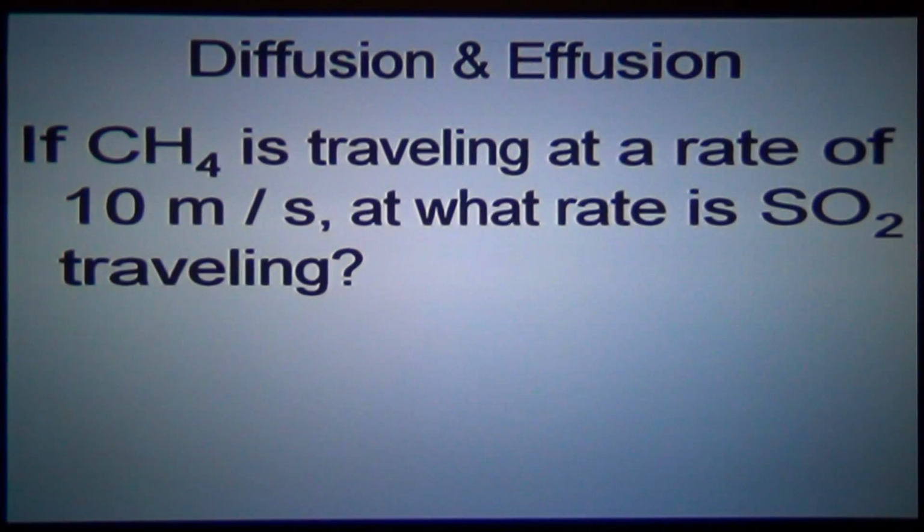So if methane is traveling at 10 meters per second, then the SO2 is traveling at half that rate, or 5 meters per second. So once you know the relative rates of the two gases to each other, you can then answer questions like you see in front of you. Let's try one more.